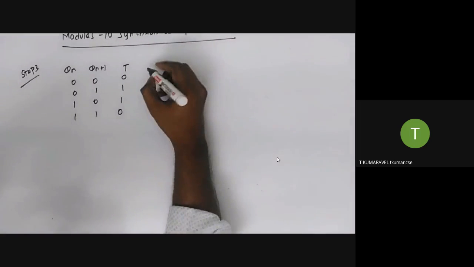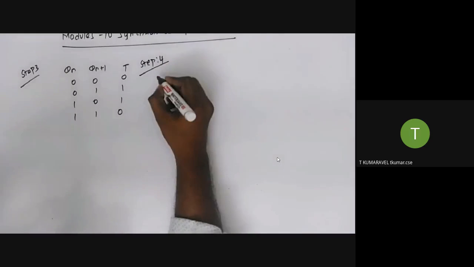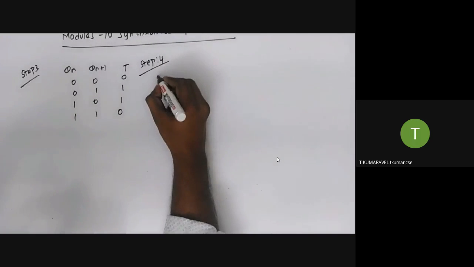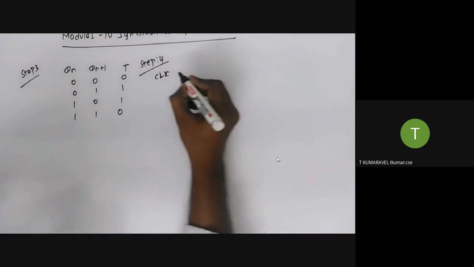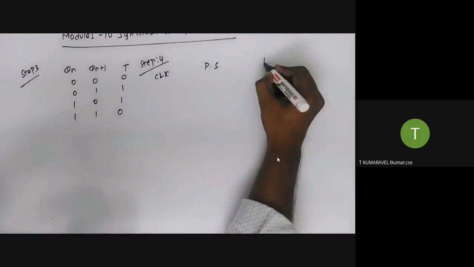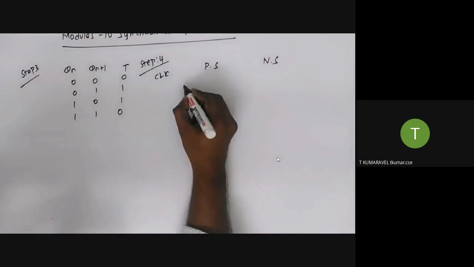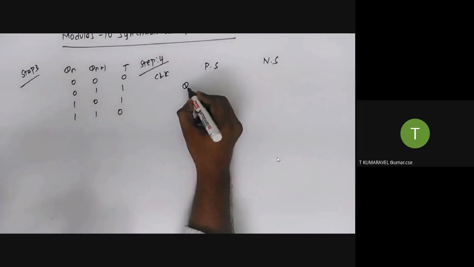We want to form the table and minimize the Boolean expression from the excitation table, using the present state and next state. As I already said, in order to design a modulus 10 counter, we need 4 flip-flops.